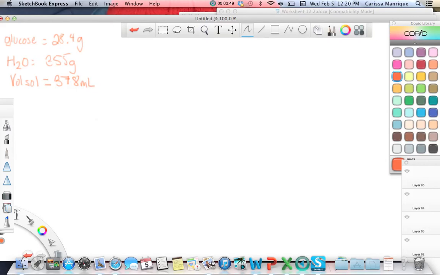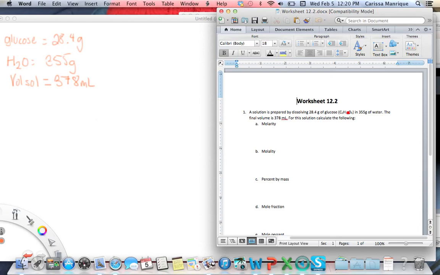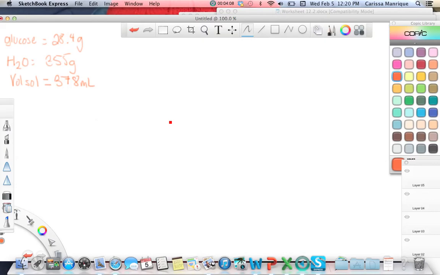Glucose is just a sugar, so we're looking at dissolving sugar in water. And if you look at the molecular weight, glucose is 6 carbons, 12 hydrogens, 6 oxygens. When you add up the molecular weight of all of those, you will get 180.